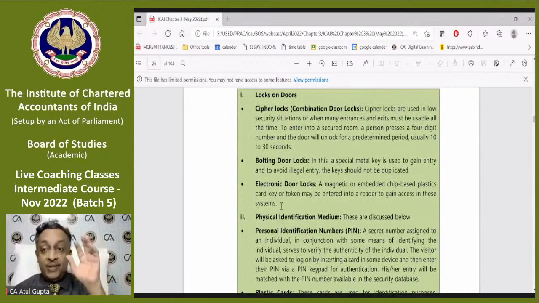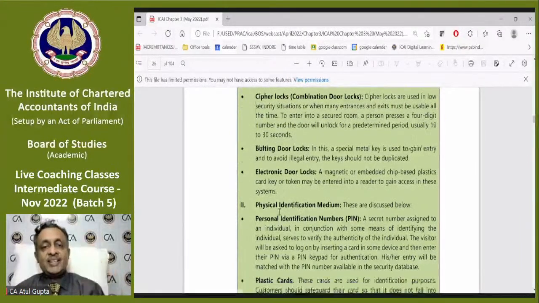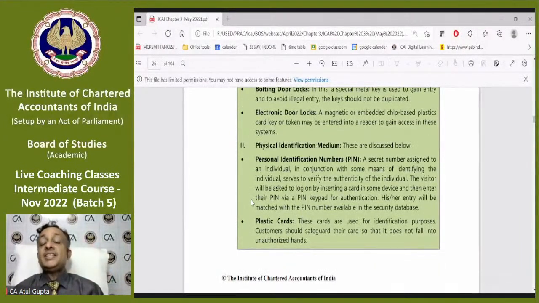So first was lock on door. We are reading physical access control. Next is identification medium. What you can do is create a mechanism where the person who is entering has to identify himself or herself at that gate. That can be done through PIN number, personal identification number, a secret number assigned to each individual in conjunction with some means of identifying the individual.